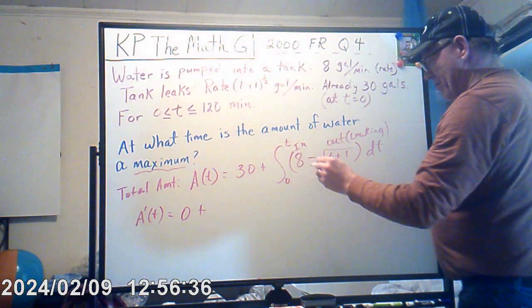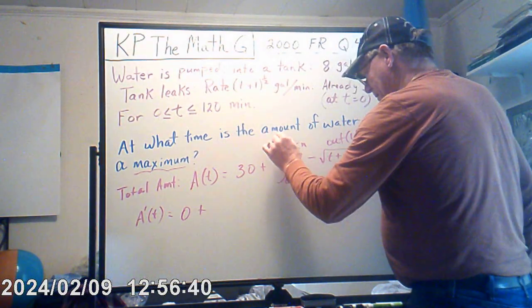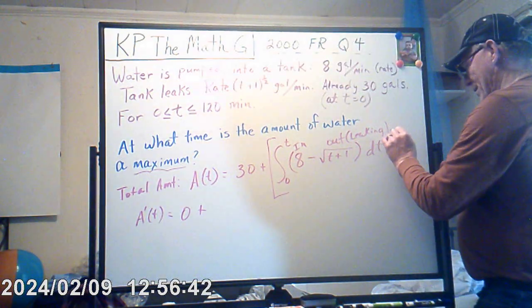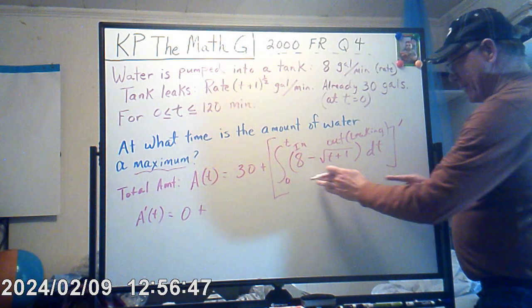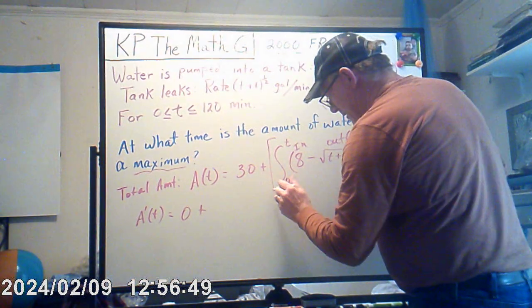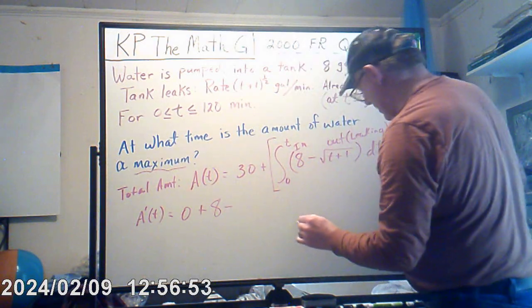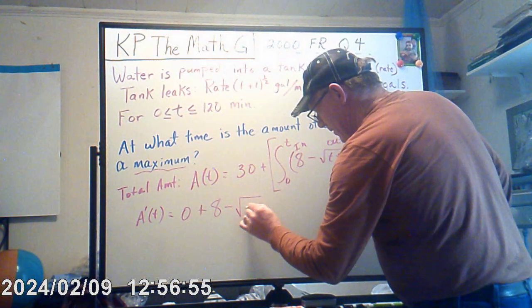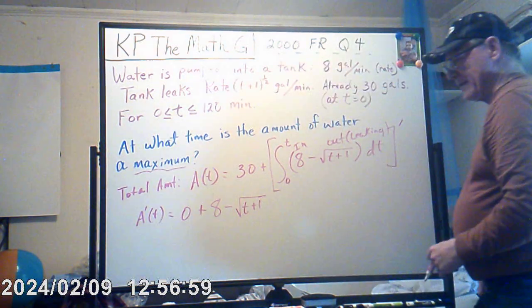Remember, when you take the derivative of all of this, the derivative of this is just this: the square root of t plus 1.